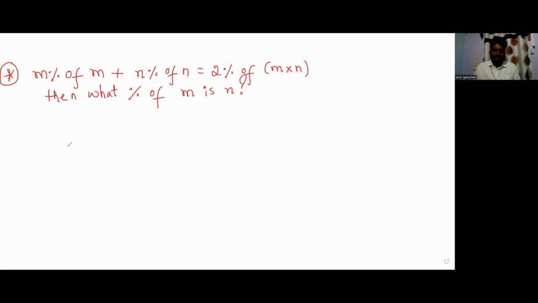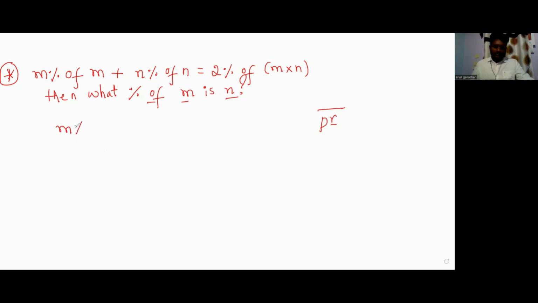Try to solve this. Very easy sum actually. What I have told you, whenever they say what percentage of M, the word after of will come in the denominator always. So we have to find the ratio of N to M. How will we do this? We'll start with our equation.